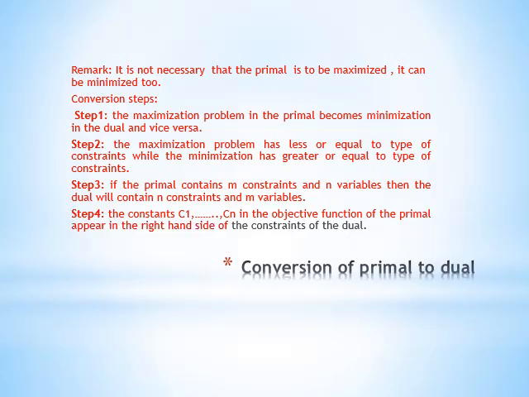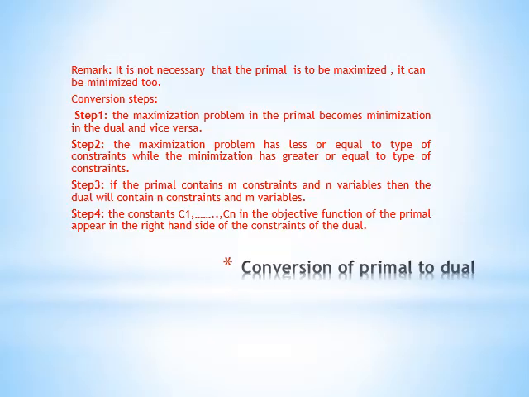B1, B2 up to Bn are resources. When we see more or equal B1 or less or equal B1, these are usually replaced in the right side of the constraint.